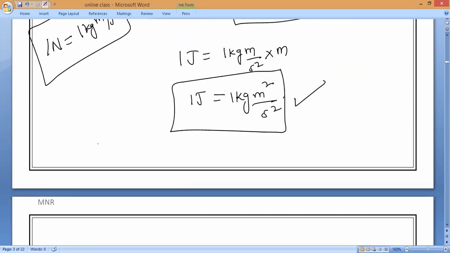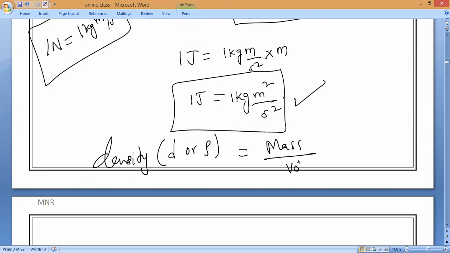If you have taken density, what is the symbol of density? I used to tell you so many times. You can take D or you can take rho, whatever it is. Density is equal to mass by volume. The SI unit is kilogram per cubic meter. So what fundamental physical quantities does it depend on? Mass, and don't say volume, because volume is also a derived quantity.